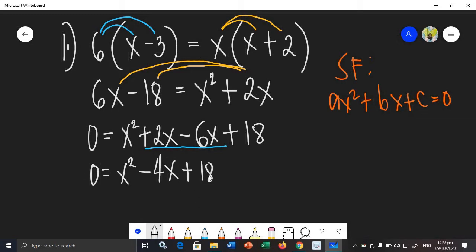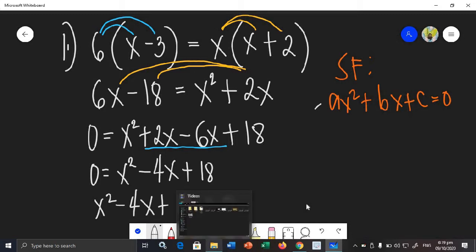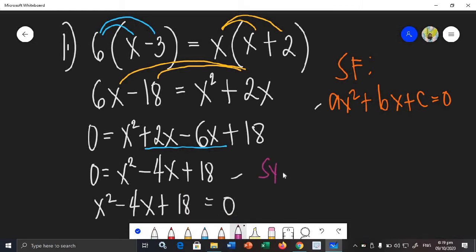Ma'am, parang ang weird po naman. Parang hindi naman nakasunod sa standard form. So, if this is the case, i-apply po natin yung symmetric property of equality. Kasi itong equation na to, equal din siya sa ganitong equation. Ayan, they are similar. So, in-apply natin yung symmetric property of equality.